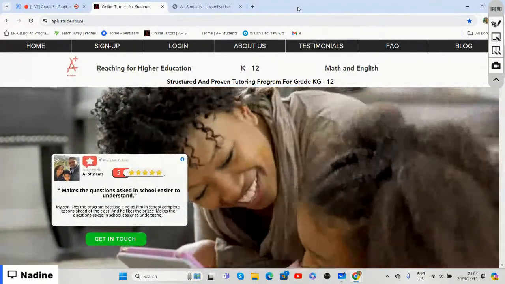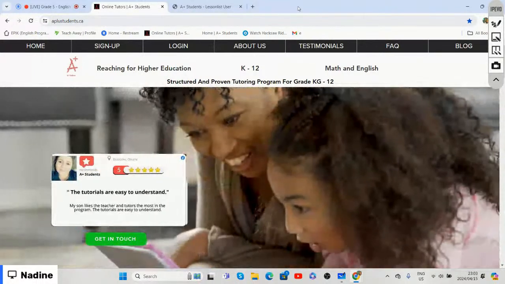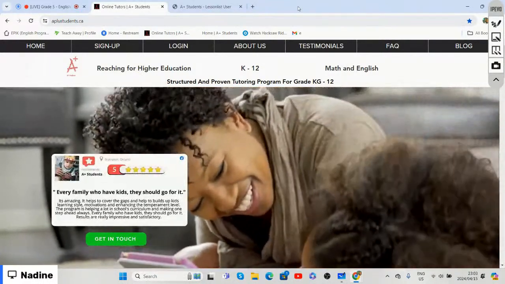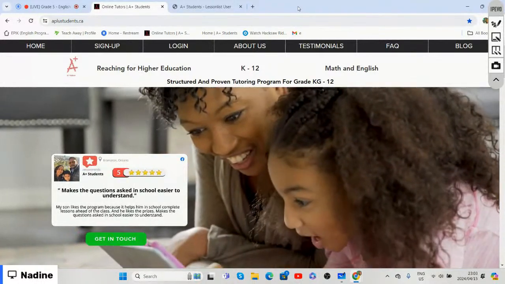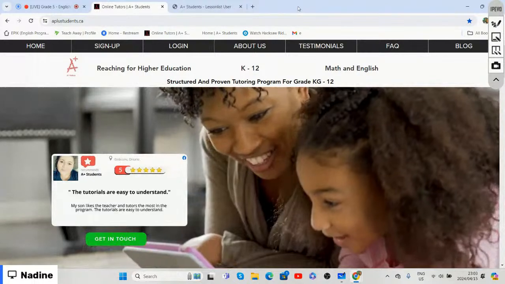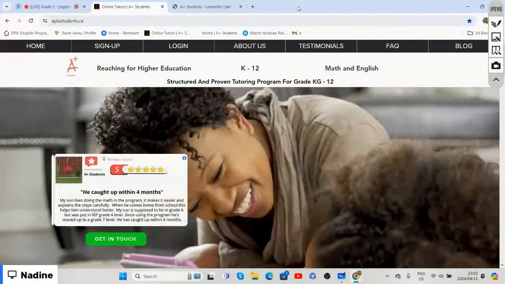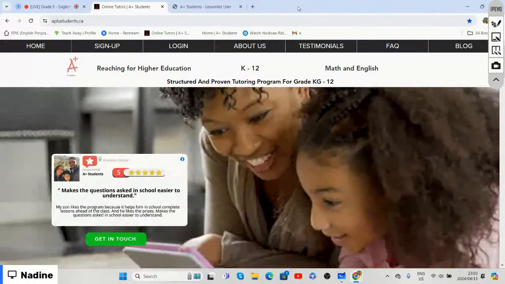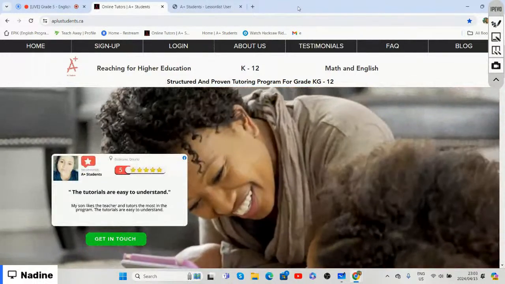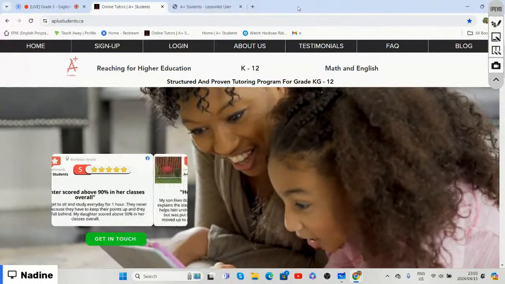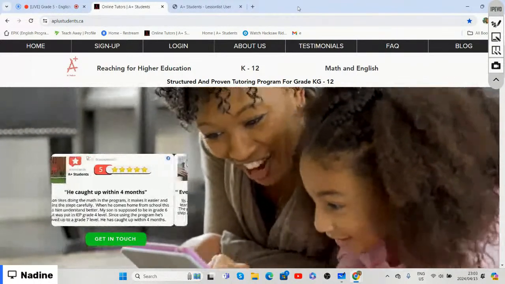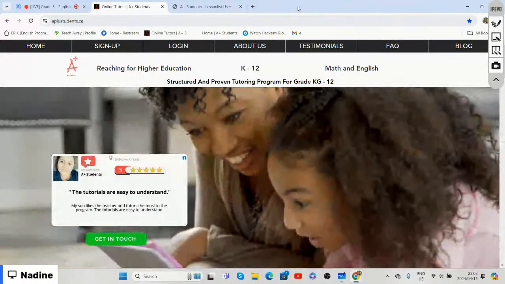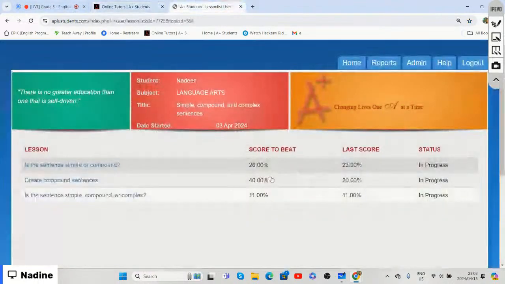Before we start, we're going to log on to aplusstudents.ca with our username as well as our password, and then we're going to select the subject of language arts, grade 5, and scroll down until we get to our chapter of simple, compound, and complex sentences.